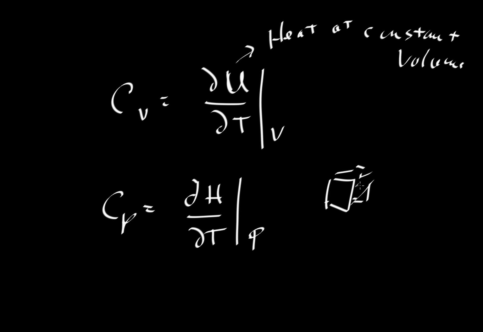So in this case, we would let the pressure surrounding this be constant. It can expand or contract, and then we'll let it absorb whatever heat it would like, and then there'll be some change in temperature. So that's the difference between CP and CV. In another video, we'll look at how we can relate the two and do some calculations.